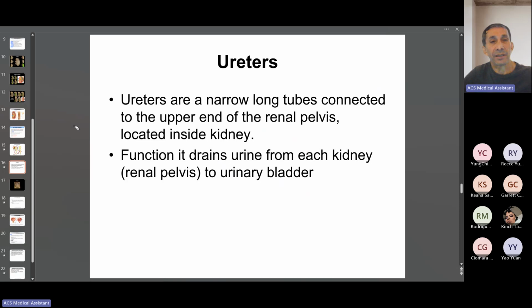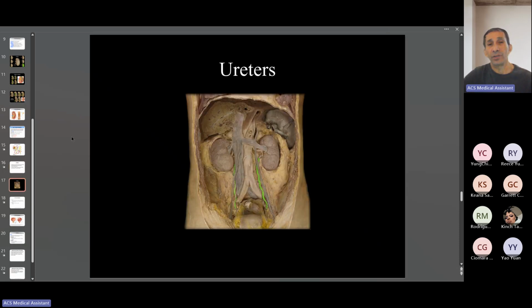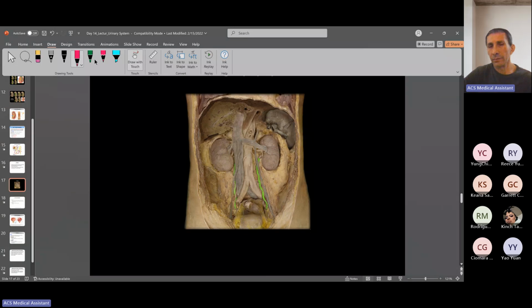So basically, that's what we need to understand. So these are the ureters. See, these are real kidneys. This is a cadaver. From here, on a cadaver, is where we have all these. So these are the kidneys.